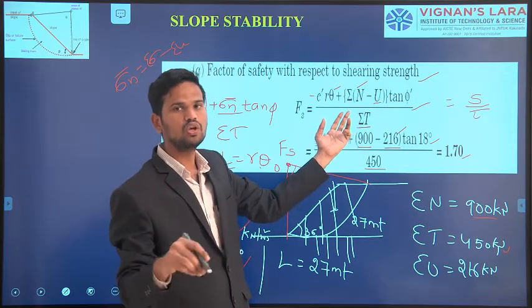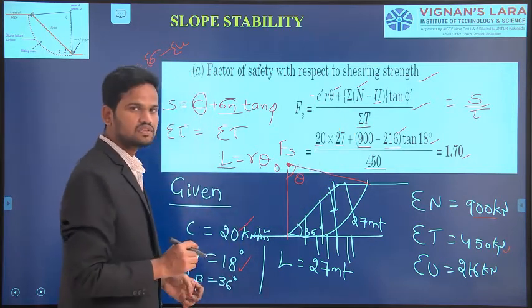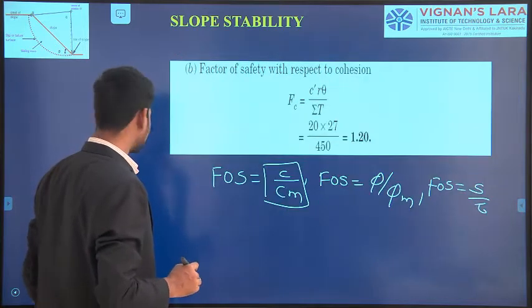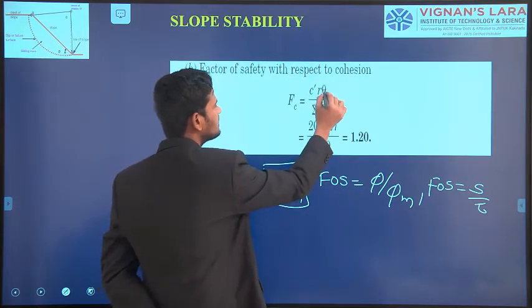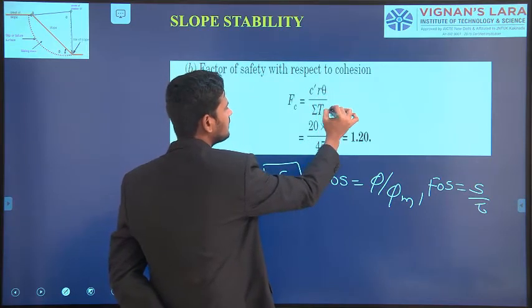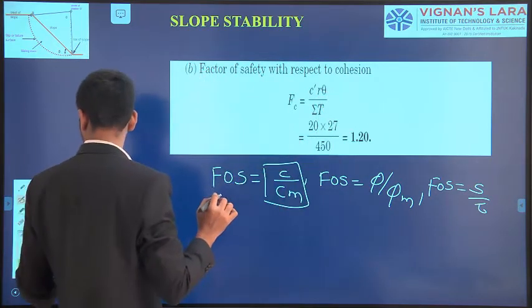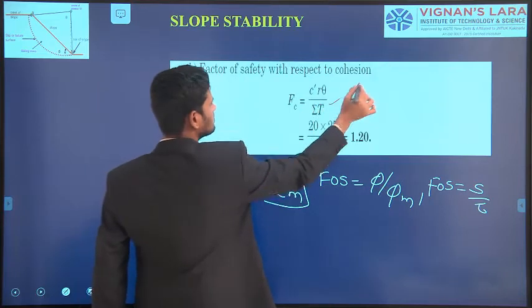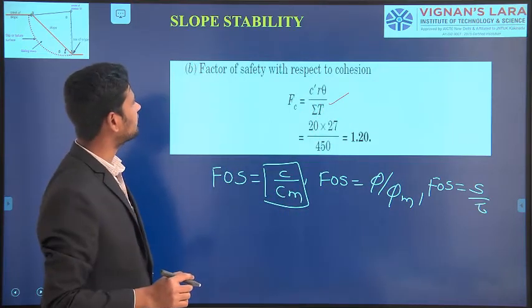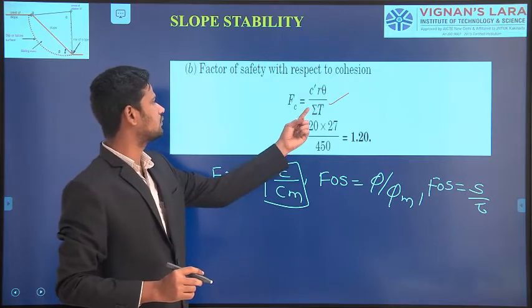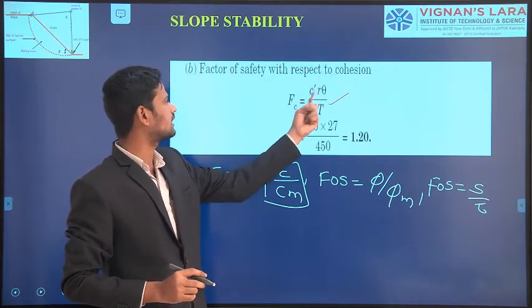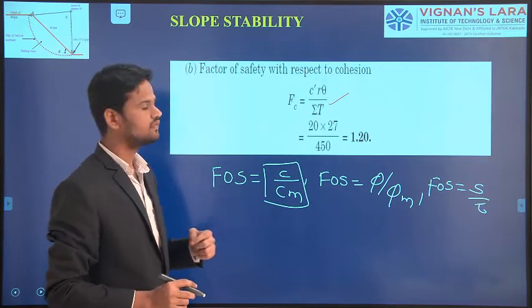If you substitute, we will get the factor of safety with respect to the cohesion. That means factor of safety with respect to cohesion, Fc equals C dash r theta divided by summation of T. This is the formula for calculation of factor of safety with respect to cohesion, where Fc equals C dash into r theta divided by summation of T.